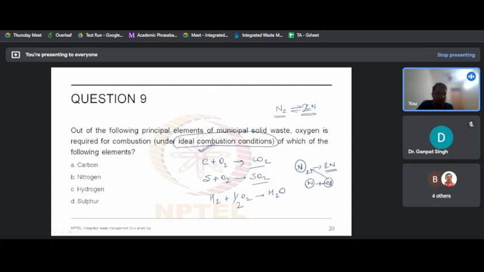This is under ideal conditions. If there is a deficiency of oxygen, or when the oxygen is not sufficiently provided, they will form nitrous oxides. So we'll need oxygen for carbon, hydrogen, and sulfur, but we don't need it for nitrogen. So A, C, and D are correct.